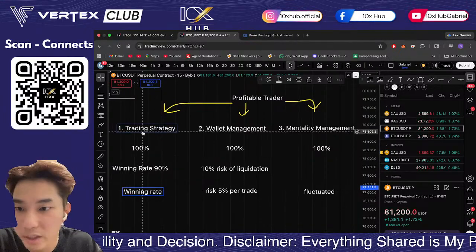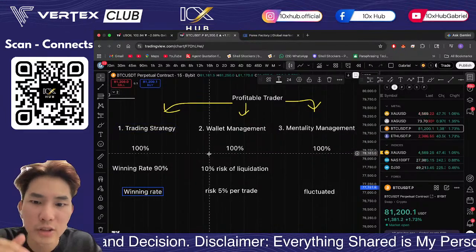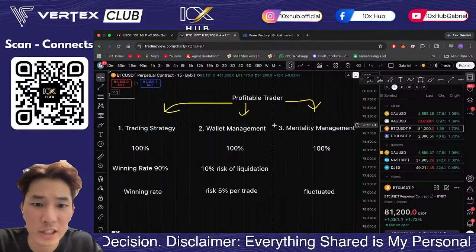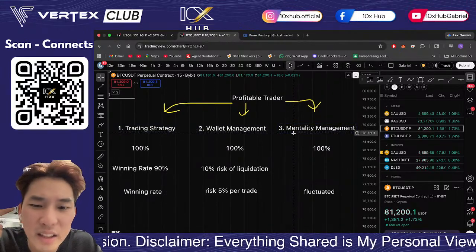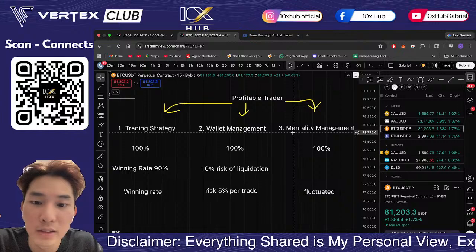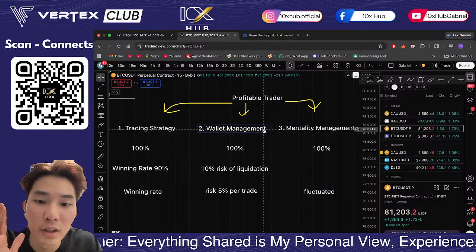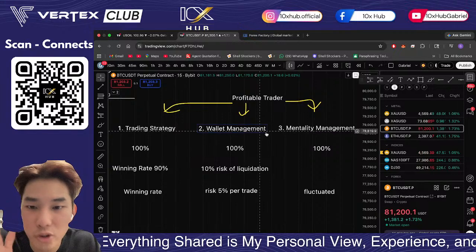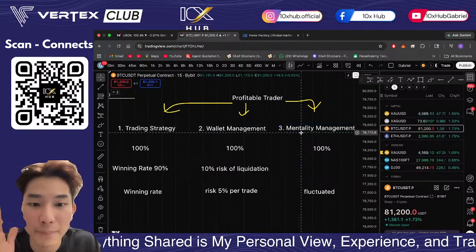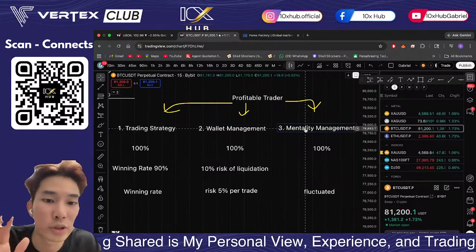It will affect your winning rate in your trading strategy. So that's why trading strategy, wallet management, and mentality management are all very, very important. We must master these three things in order to become a profitable trader.